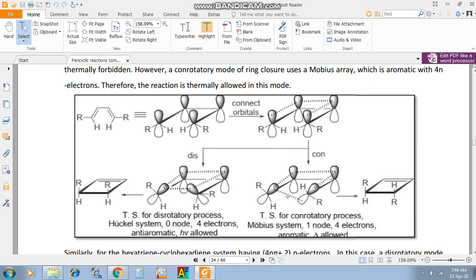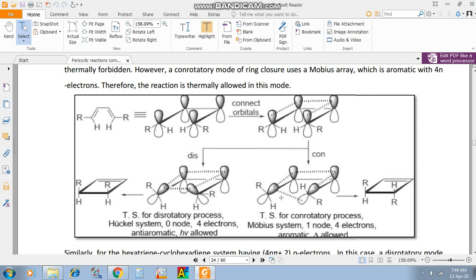How many pi electrons are there? Butadiene has 4 pi electrons, so invariably it is a 4n system. If it is a 4n system with an odd number of nodes, then it is Mobius aromatic.